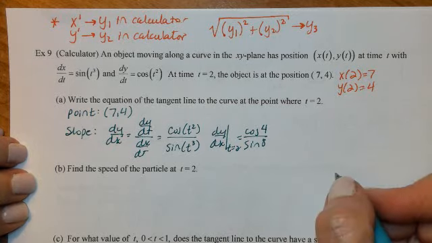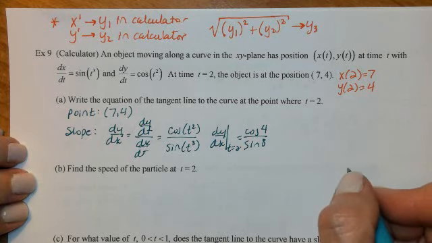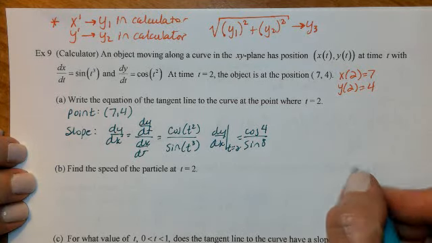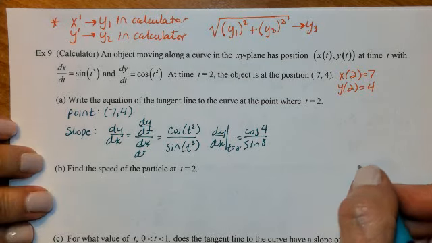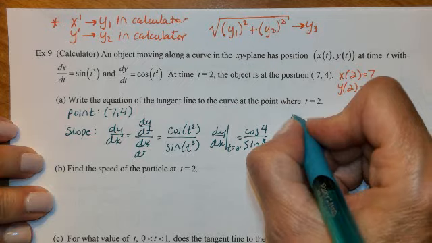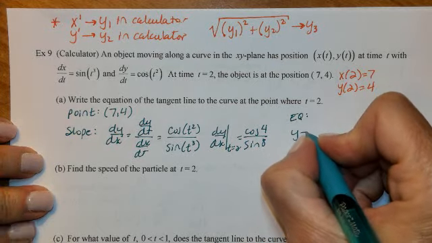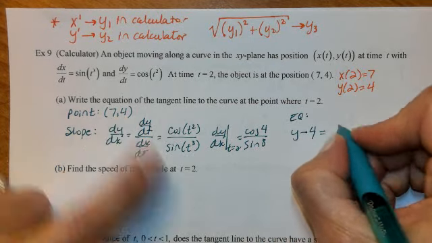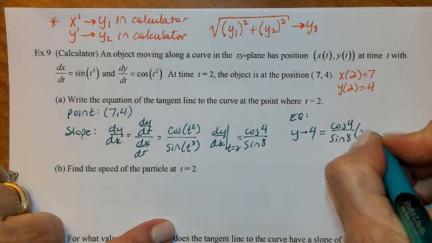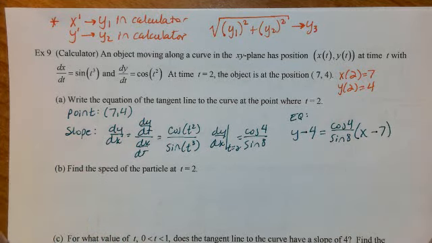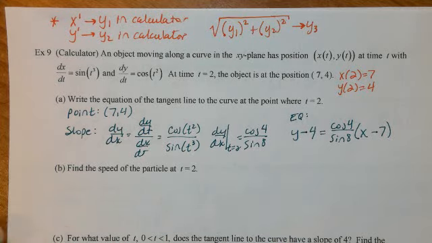And I think I can just leave it like that. If you want to get a decimal, great. If you just want to leave it like that, that's fine too. Either one. Safe stop. This is an FRQ, so I like to safe stop. So my equation will be y minus the y coordinate is equal to the slope times x minus the x coordinate. And that's it. So even though we had a calculator, we didn't need it for this one. I guess we could have used it for that, but we didn't have to.